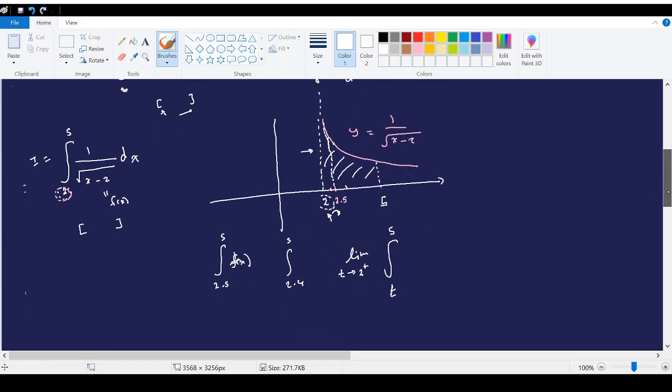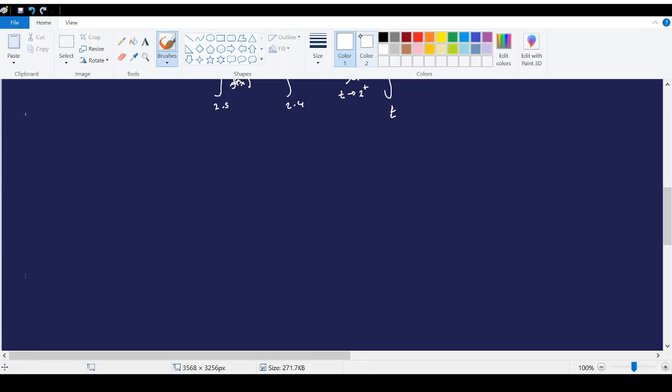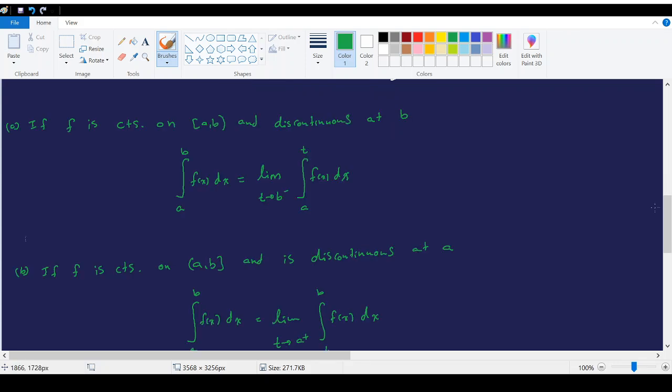So in general, if I describe what we have discussed so far, we can generalize our result in this way. If we have a continuous function, now this continuity is important, on a to b. Now here we have a function which has a value at a, but it does not have a value at b. That's the reason for having an open bracket at b.